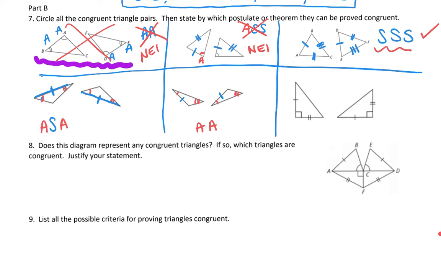And if you look at it, here's the side that's included between the 2 angles. That's not the marked side. Same thing over here. Here's the side that's included. So that side with the tick mark is not sandwiched between the 2 angles. So that would be AAS. So here's a really good example of the differences between ASA and AAS. They're similar, but they're just slightly different.